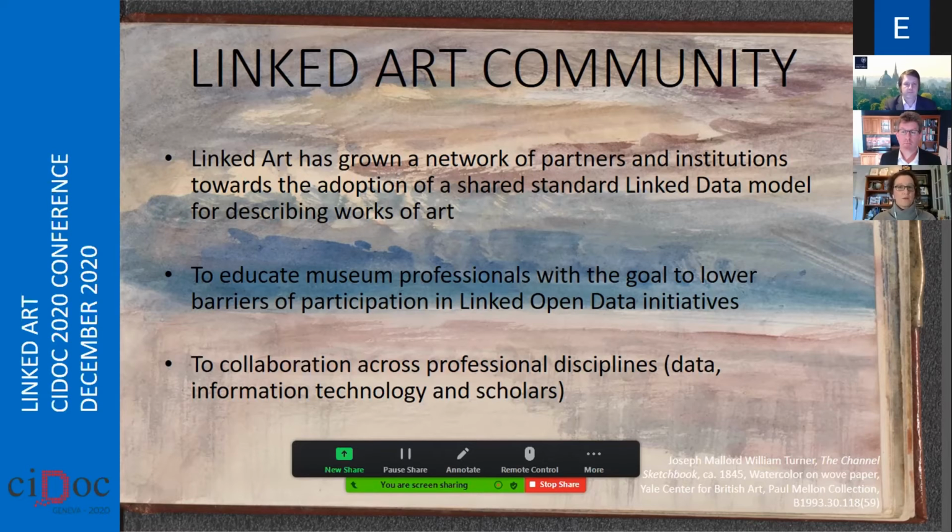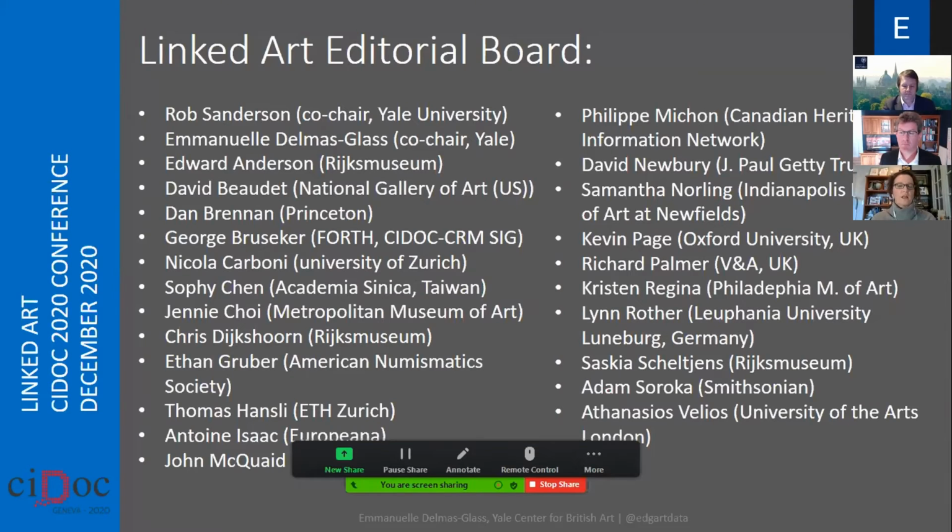So it's not just technologists and information technology specialists. And in terms of who actually is currently working on the linked art data model, here you have a list of the members of the editorial board.